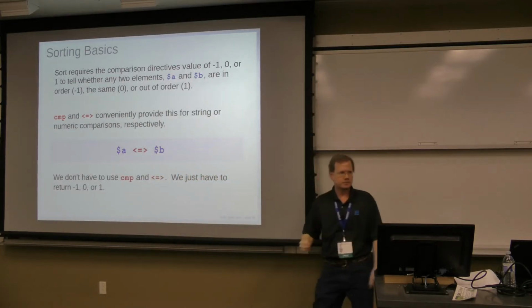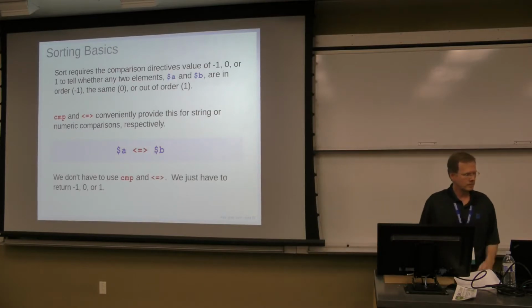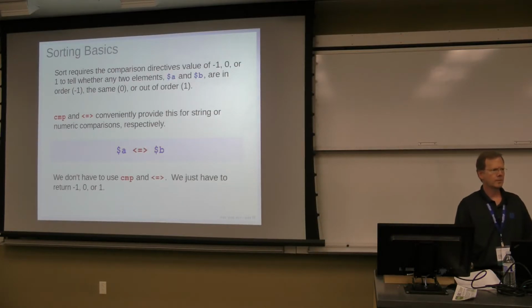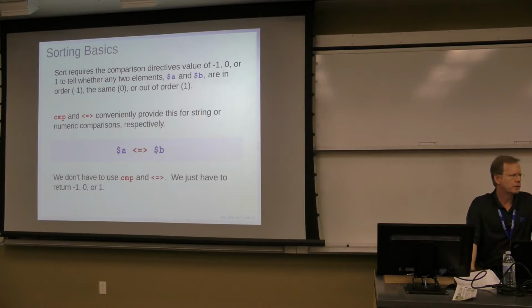Does sort treat -1 and 0 differently? They kind of would both be in order, wouldn't they? Well, -1 means that they're in order, and 0 means they're equal, so it doesn't need to swap them in either case.